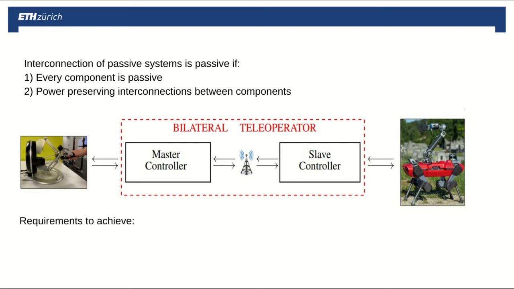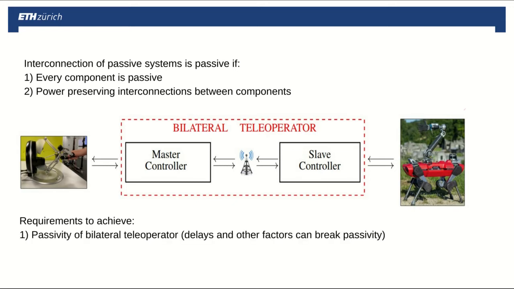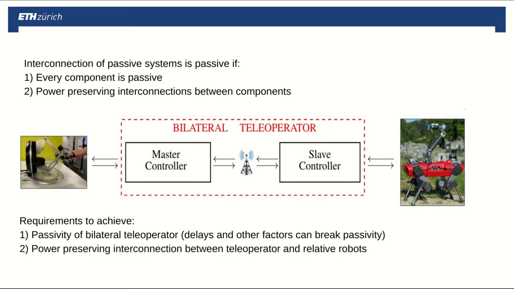Therefore, the only two requirements that need to be imposed are the passivity of the bilateral teleoperator, which can be compromised by delays and other elements, and we need to establish a power-preserving interconnection between the bilateral teleoperator and the two teleoperated robots. We don't want to create energy while exchanging it.